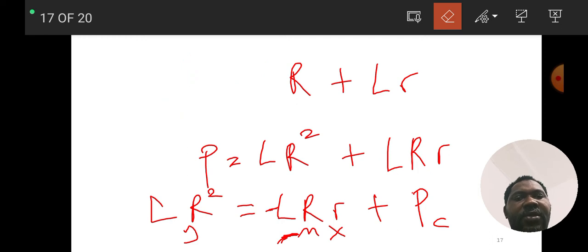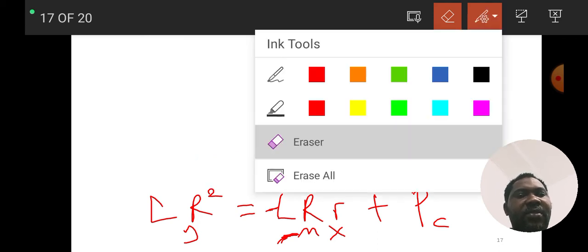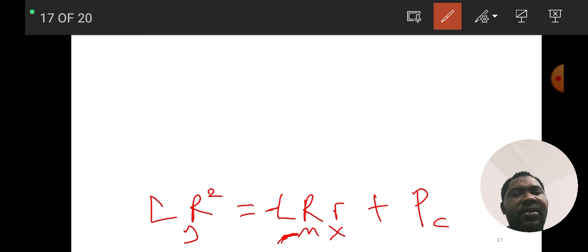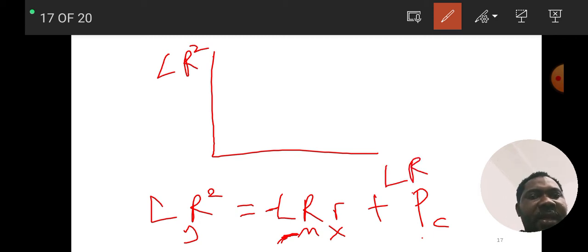So let's draw a graph representing this equation quickly. So we are plotting a graph. Our graph is going to look this way. We're plotting a graph of LR squared here as our y-axis, then we have LR here as our x-axis.